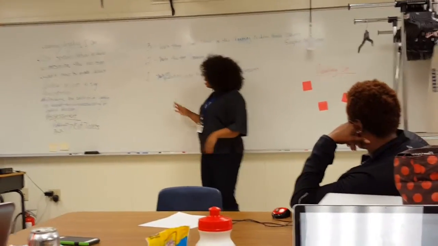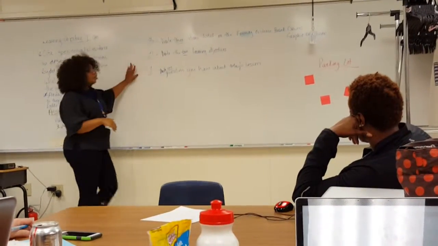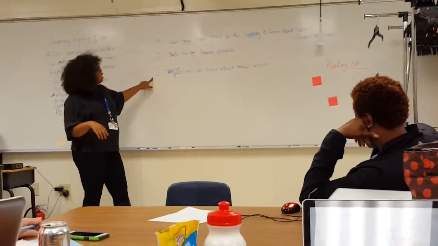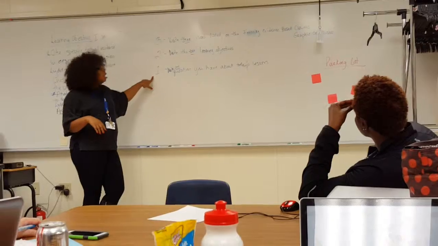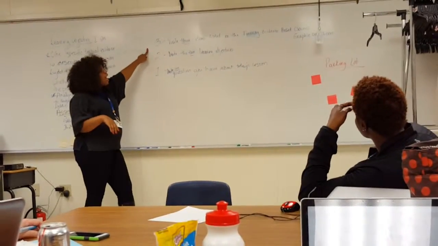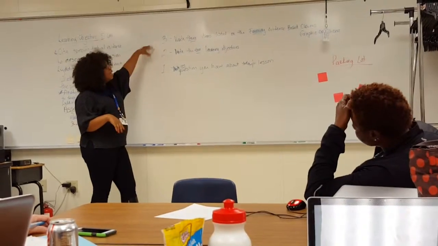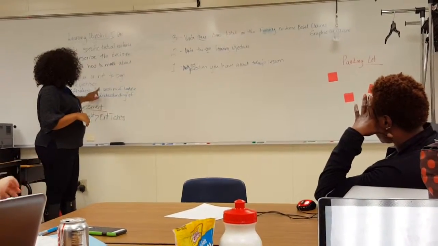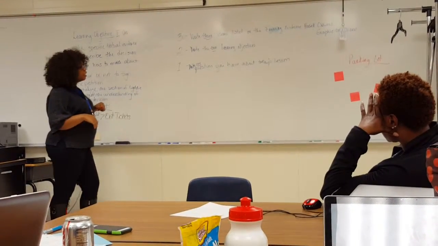Another simple strategy I use is what I call the 3-2-1. This one takes a little bit more thought on the student's part, and I would definitely give my kids roughly 3 to 5 minutes minimum to answer this. They're going to write down 3 items listed on the Forming Evidence-Based Claims graphic organizer. Now the graphic organizer itself is incorporated in both of the skills that were in our learning objectives for the day.